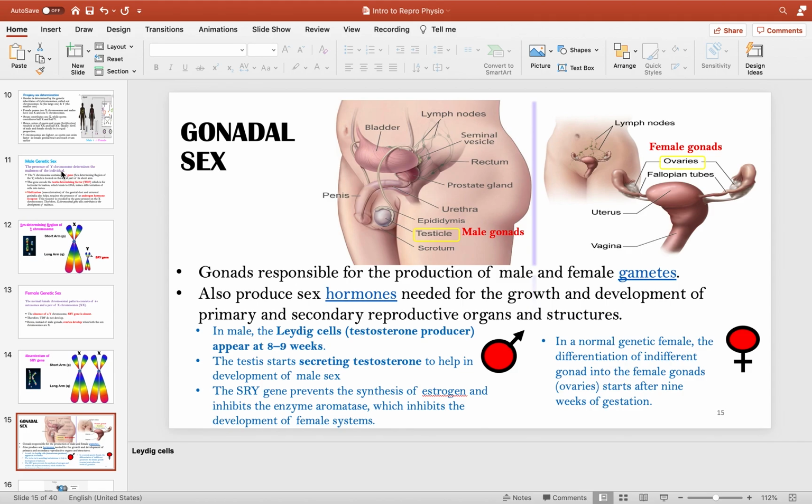The testis starts secreting testosterone to help in development of the male sex, and the SRY gene prevents the synthesis of estrogen and inhibits the enzyme aromatase, which inhibits the development of the female system. And in a normal genetic female, the differentiation of the indifferent gonad into a female gonad starts after 9 weeks of gestation.